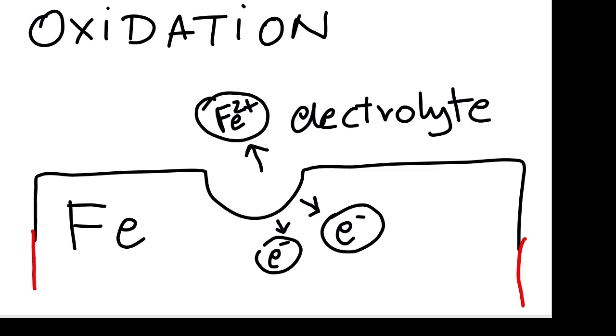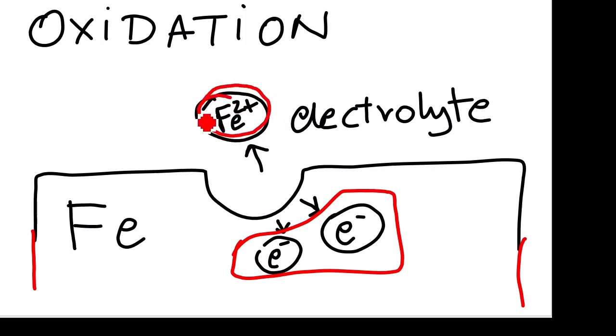There is an oxidation reaction of iron. The atom of iron loses these 2 electrons and passes to the electrolyte solution as a cation.